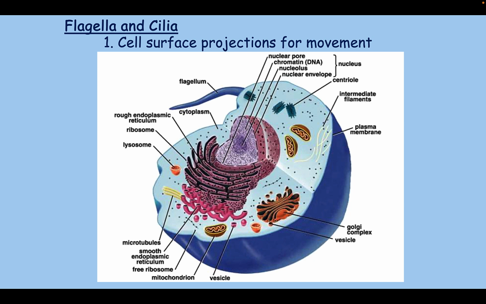So, in your nasal passages, you have lots of cells that have cilia, and that cilia is used to bring mucus down. That mucus is secreted by your nasal cells to trap any foreign substances that get in there.